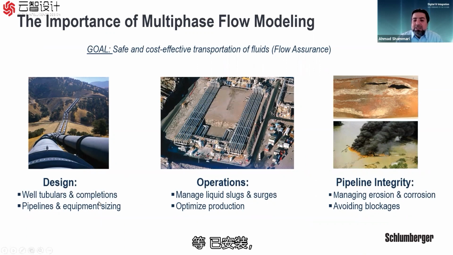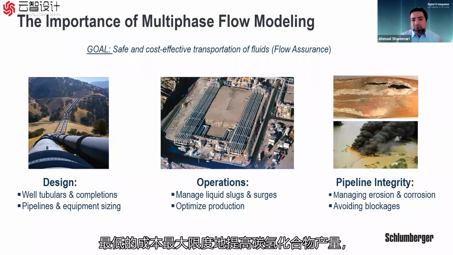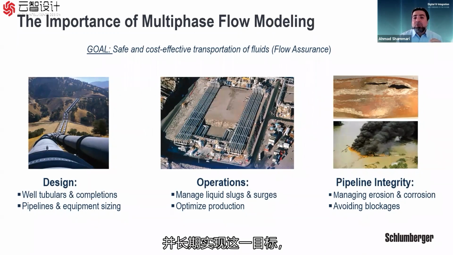Once your field is installed, your wells are drilled and they are producing, now we go to the operations phase. So you need to manage liquid slugs and surges, for example, or you need to optimize production. When we say optimize production, this is really a very wide term, but in a sense, you need to maximize your hydrocarbon production at the lowest cost, and to achieve it in the long term.